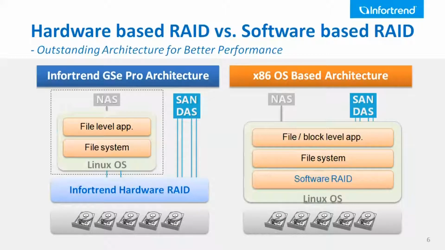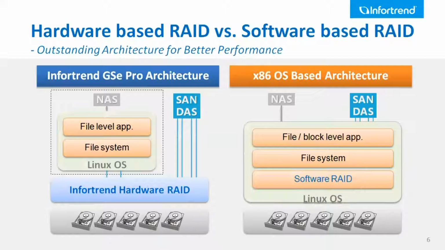As we can see here, we use the Infortrend GSE Pro hardware-based RAID architecture as the example shown on the left, and the standard x86 software-based RAID architecture on the right. In the Infortrend GSE Pro hardware-based RAID architecture, the blue portion represents the Infortrend RAID technology based on the hardware RAID architecture.